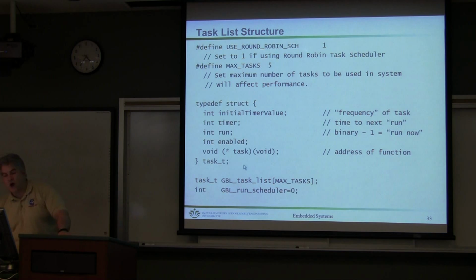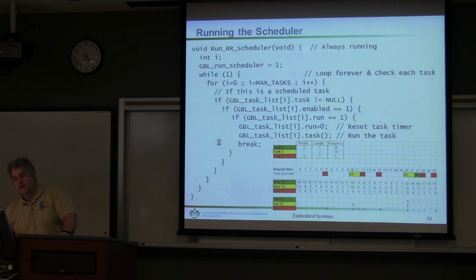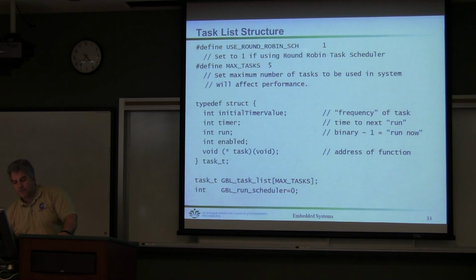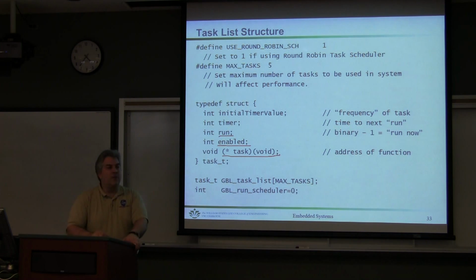We're assuming that all of our tasks will be enabled so that they will run. Then we include, this is an interesting thing, a pointer to the task. What this does is it sets in the structure of this variable the address of the first line that executes in that function.